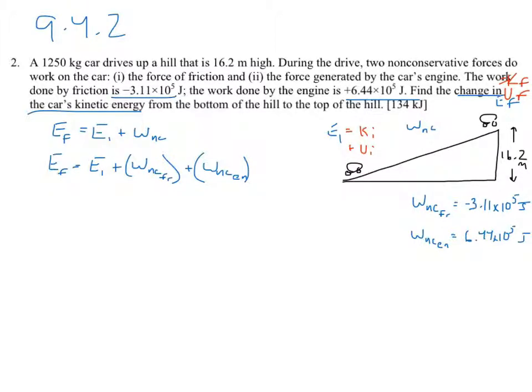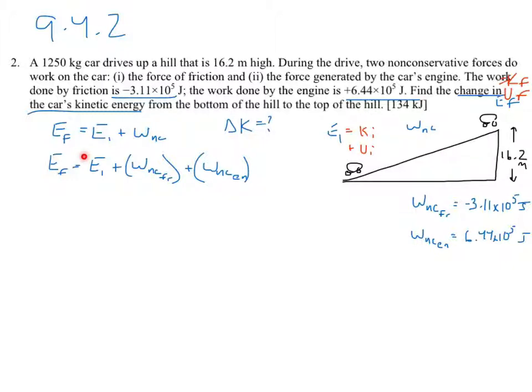First of all, we need to solve for what we're actually being asked to solve for. What are we being asked to solve for? The change in kinetic energy, that is delta K. So we better start stating the mechanical energy in terms of kinetic energy and potential energy.